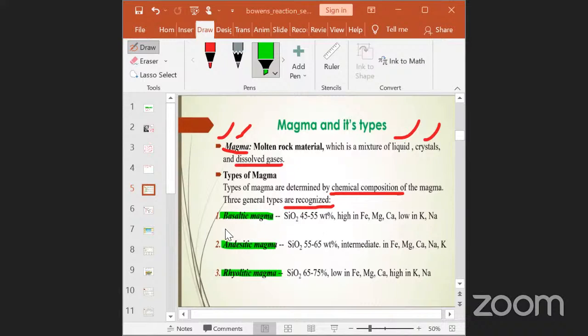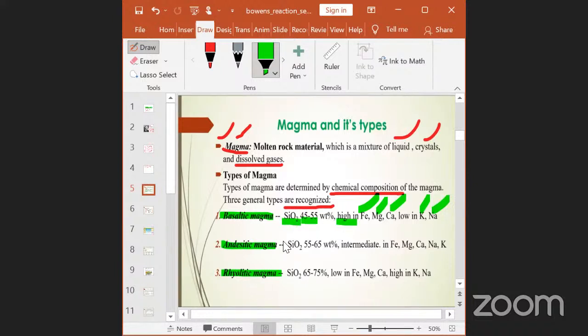First one is basaltic, which has a silica range of 45 to 55 percent by weight, and is high in iron, magnesium, calcium, and low in potassium and sodium. So this is the basaltic magma.